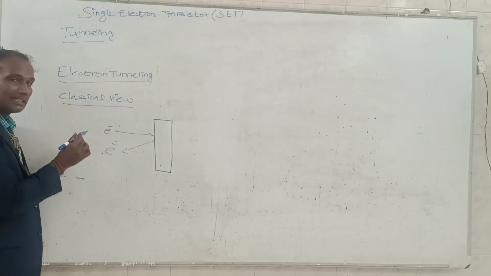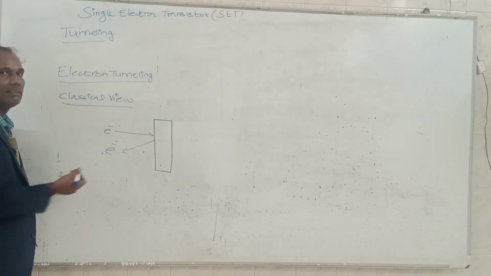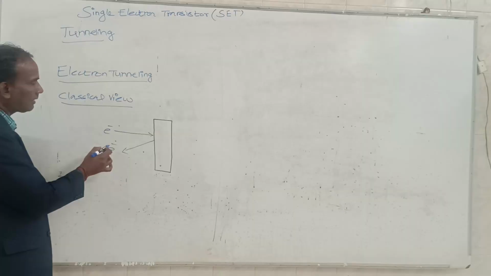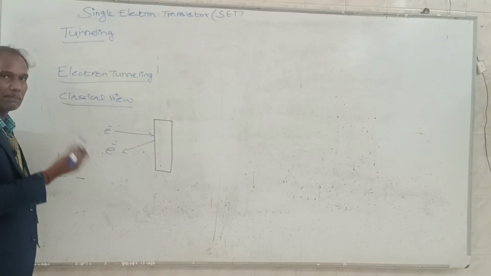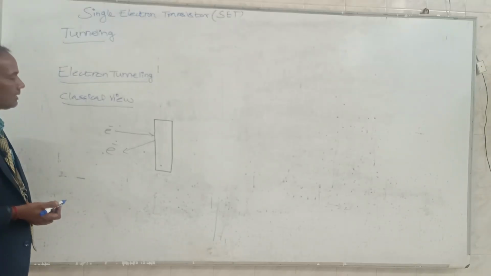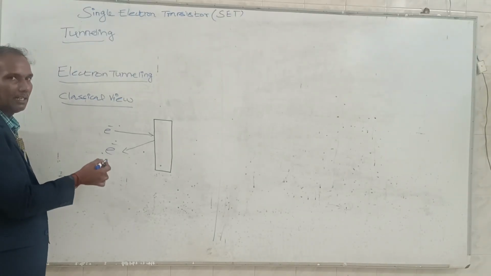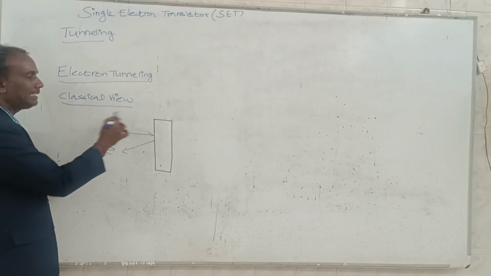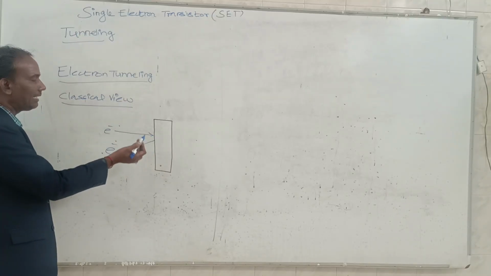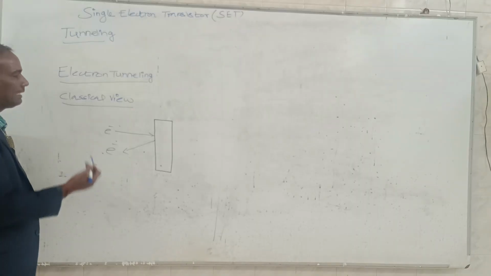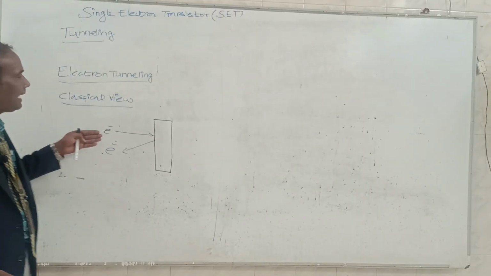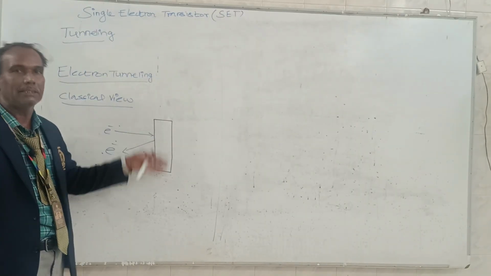Let's see what's the phenomenon behind this. According to the classical view, the electron exhibits its particle nature. Since it acts like a particle, whenever it hits the energy barrier, it will be immediately reflected back. That is the reason the electron cannot penetrate through the energy barrier.